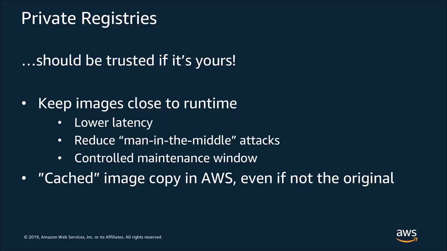This also allows you to have a controlled maintenance window that you're in control of and not provided by some third party. It's also important to make sure that even if you're not using a private registry as your main source of truth, that you keep a cached image copy in AWS, such as in Elastic Container Registry, even if it's not the original. This helps to make sure that you keep latency down and further prevent those attacks.